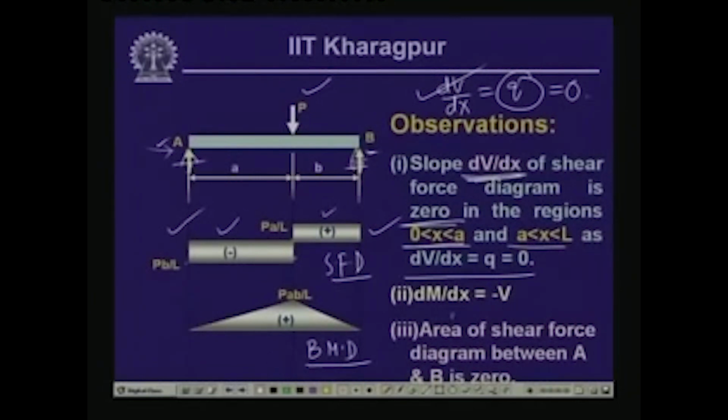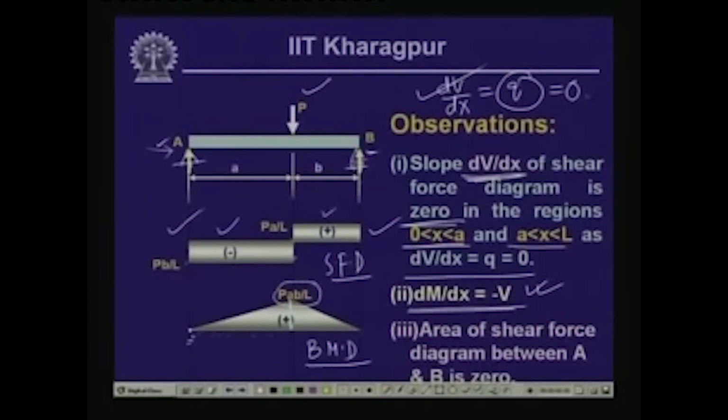Now, here as you have seen, dM/dx is equal to minus V. This is the expression which we have derived. Now, if you look into this expression, at this particular point, this is the bending moment diagram. Here we have the magnitude which is equal to Pab/L, and at this point the bending moment value is equal to 0.